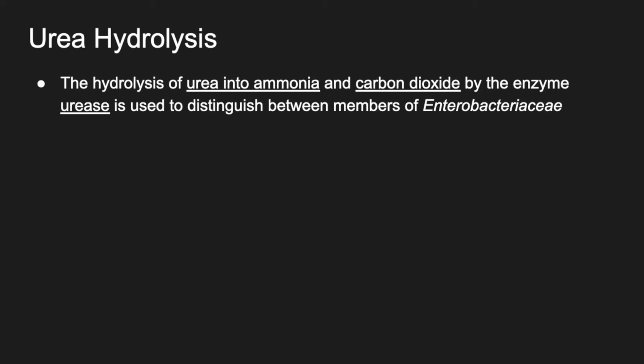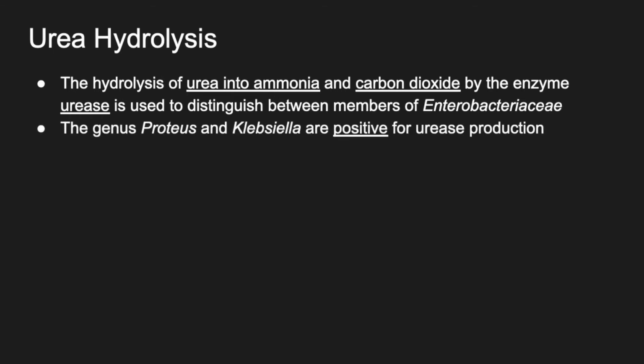Urea hydrolysis is the hydrolysis of urea into ammonia, which is NH3, and carbon dioxide, CO2, by the enzyme urease. And why we care about urea hydrolysis is because it can be used to distinguish different members of the Enterobacteriaceae group.